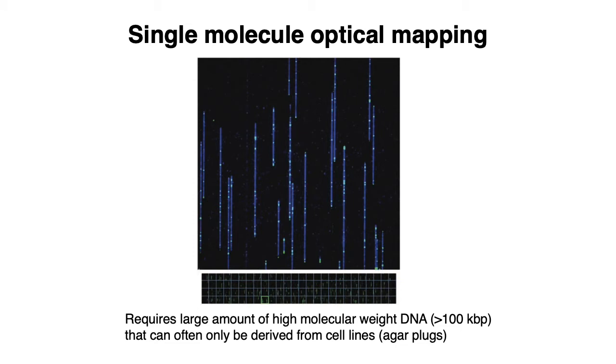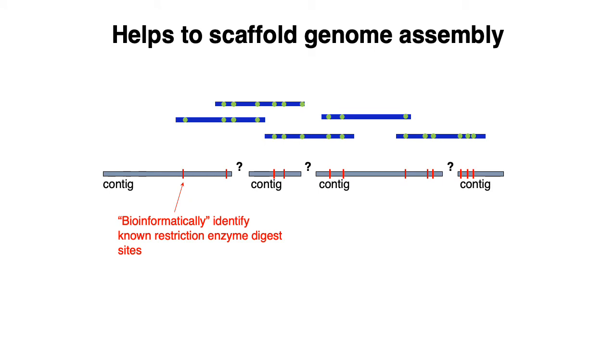And so this is an example of an actual optical mapping visualization that you would get after staining. The reason this helps you scaffold your contigs is that, remember, you know the recognition sequence of these restriction enzymes. Your optical map gives you these genomic fragments and the locations of where the restriction enzymes cut.